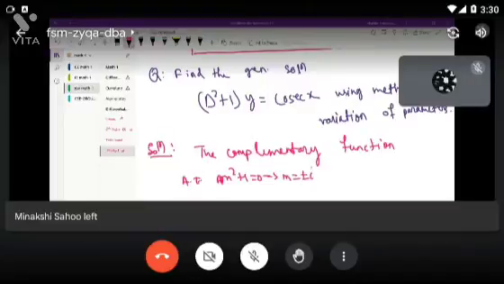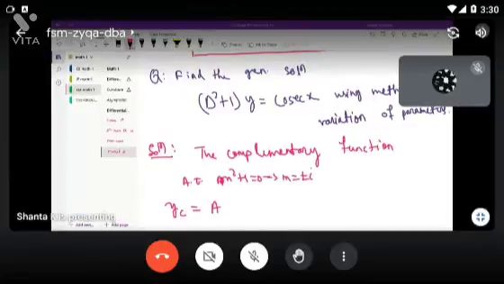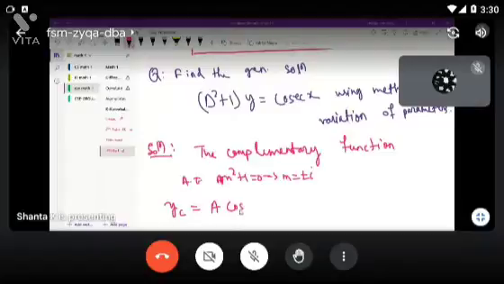So here, the complementary function will be y = a cos x plus b sin x.